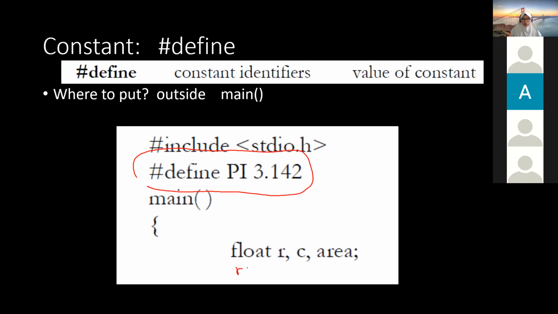If I say R equals 0.1, and then C equals, whatever that is, 2.0, and then I say area equals R squared times pi.